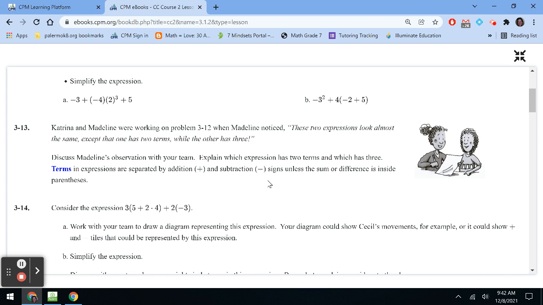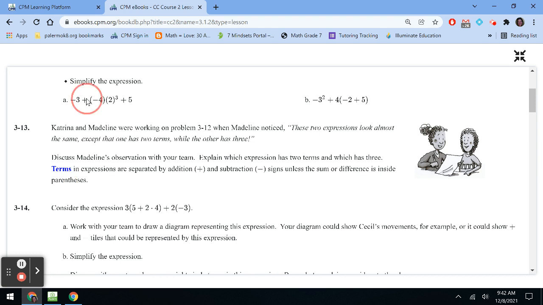But the big change in this one is unless those 2 things, the addition and subtraction, are inside parentheses. Remember, the whole purpose of parentheses is to change the rules. They're rule breakers. So addition and subtraction separates terms unless they're in parentheses.